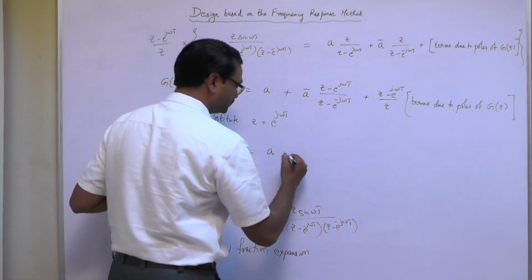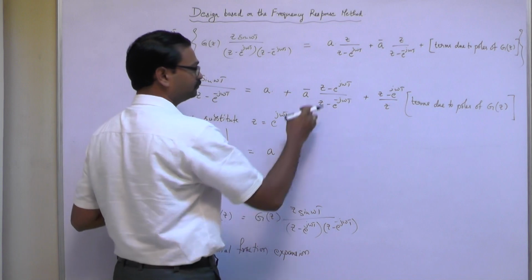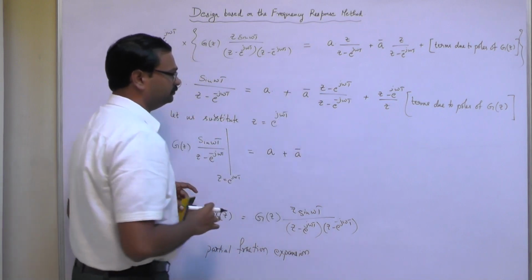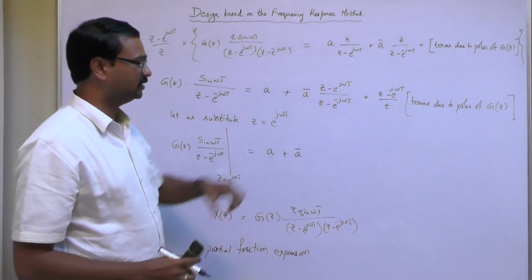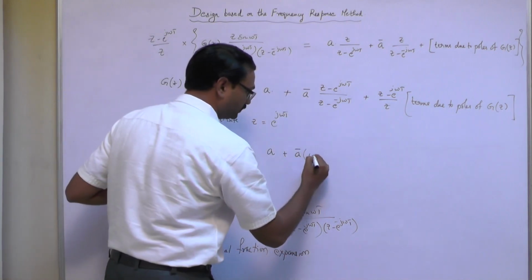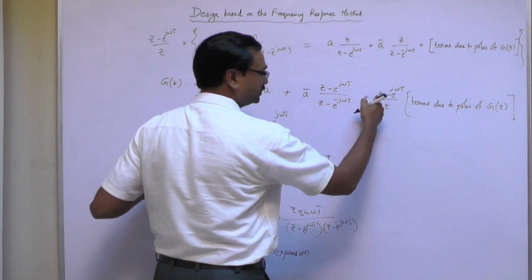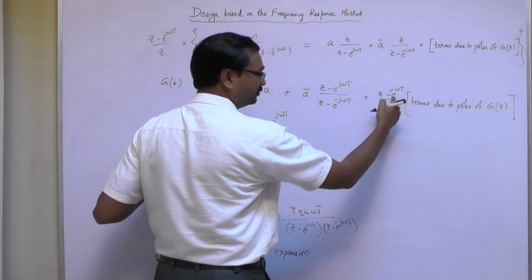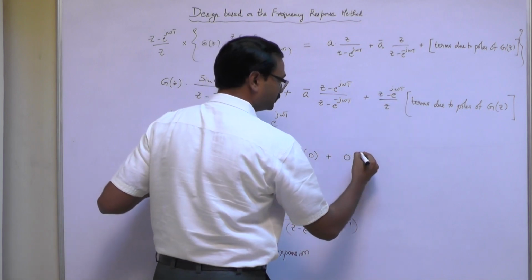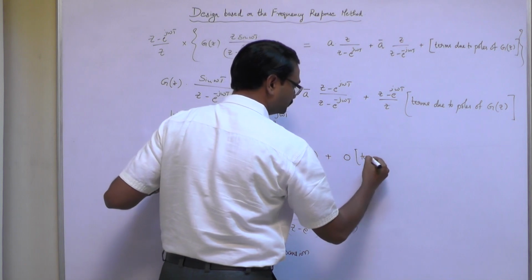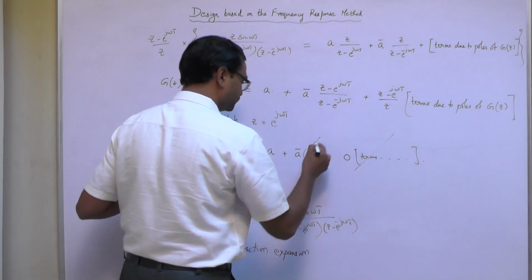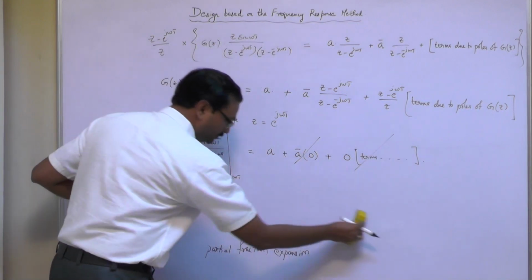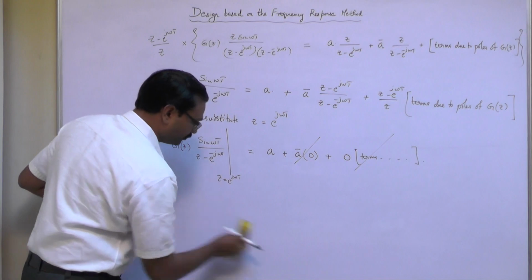A plus A bar, when you substitute z equal to e power j omega t, the term becomes 0 into A bar, plus again z equal to e power j omega t minus e power j omega t is also 0, into terms due to poles of g of z. So this and this get cancelled.